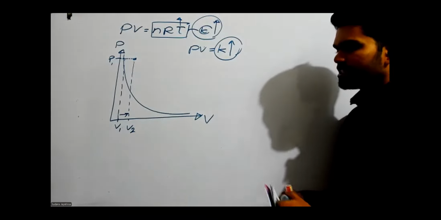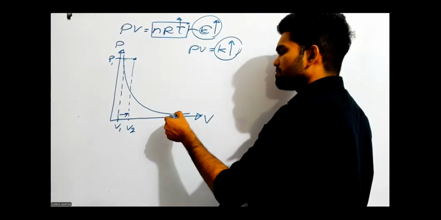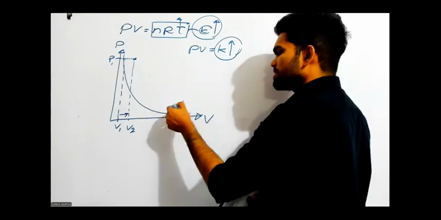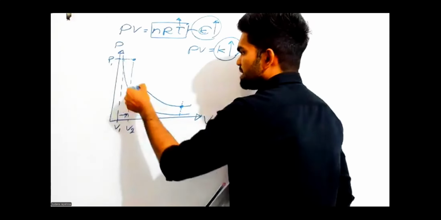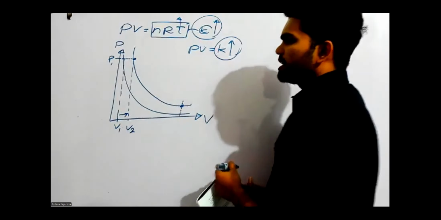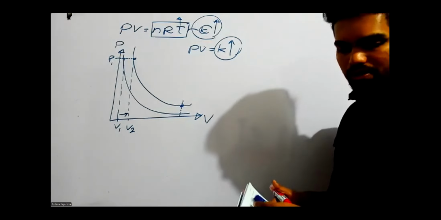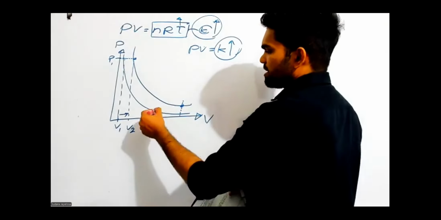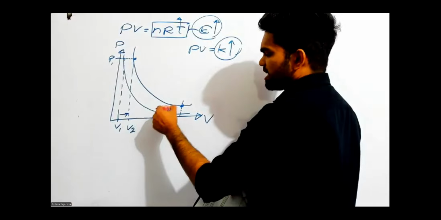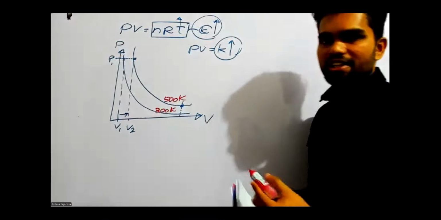And if you take a constant volume, the new pressure should be a higher value. So then you can understand there will be a new curve, shifted upward. This will be the 300 Kelvin curve and this will be the 500 Kelvin curve. So don't memorize everything, try to understand.